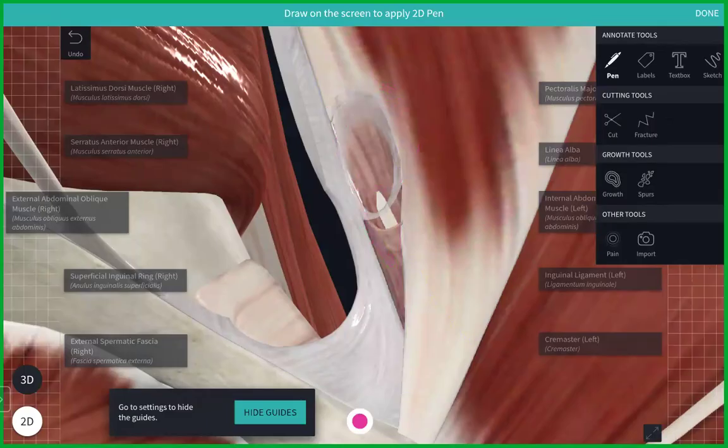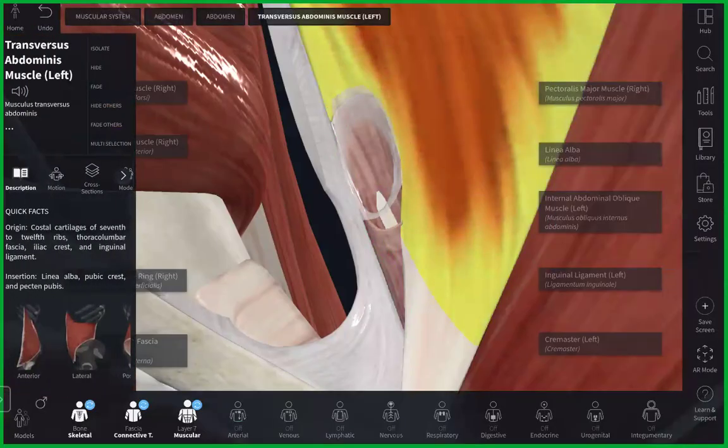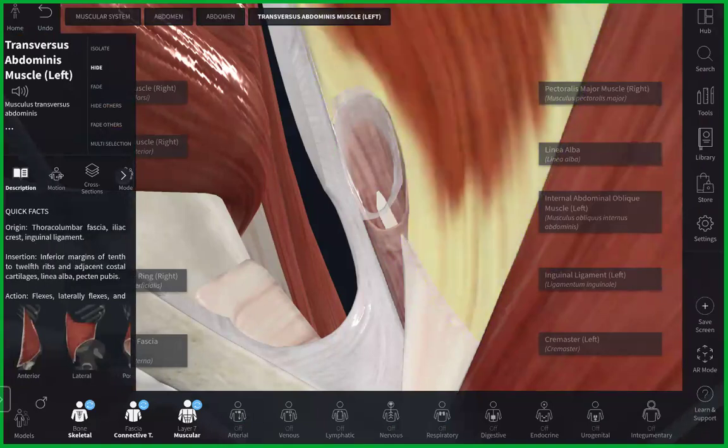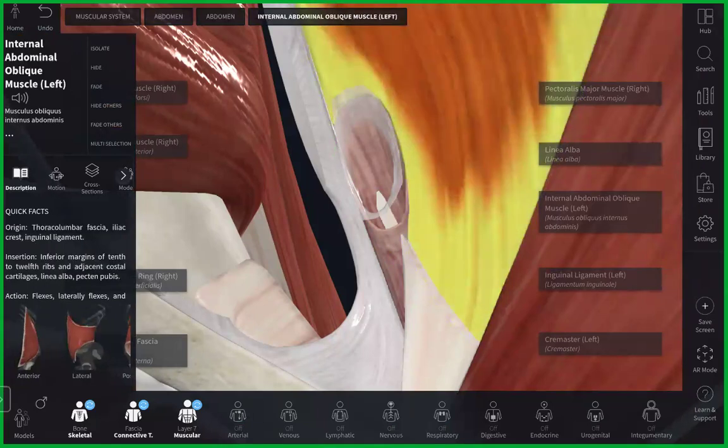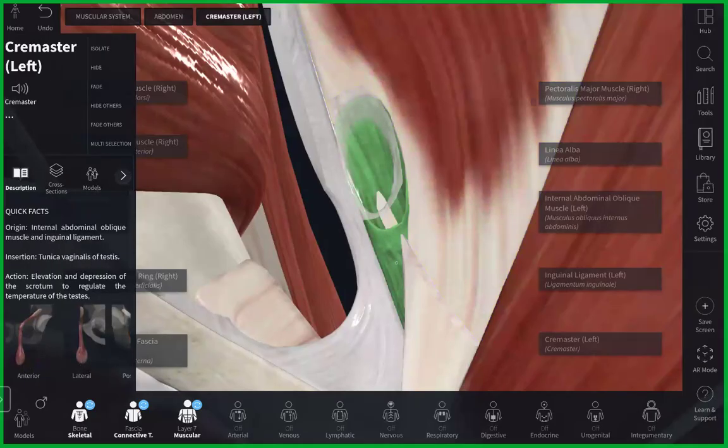Then if we hide transversus abdominis from inside, we can see this is internal oblique. So both of them you are seeing are over this, and the canal is opening.